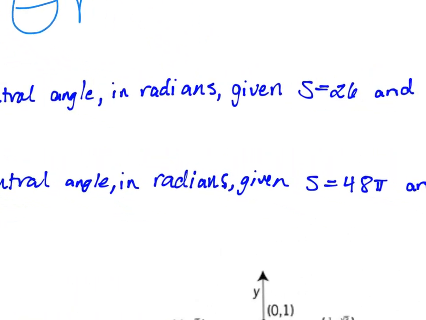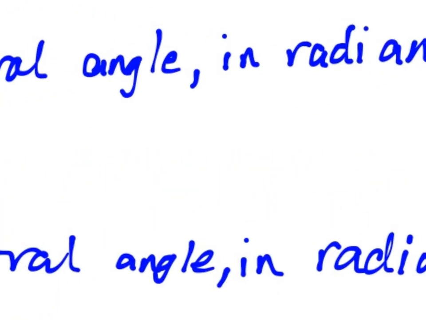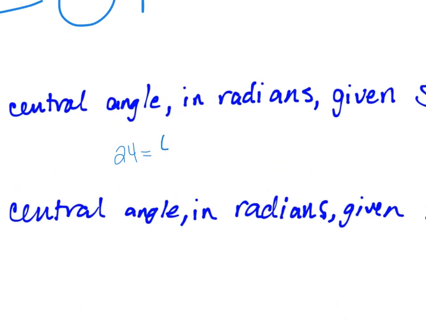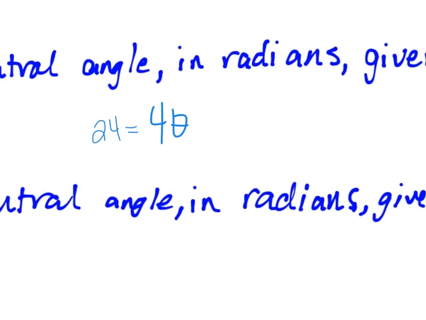So if I am given 26 and 4, I say 26 equals 4 times theta. So what do I do now to get theta by itself? You divide by 4. So I get theta equals 6.